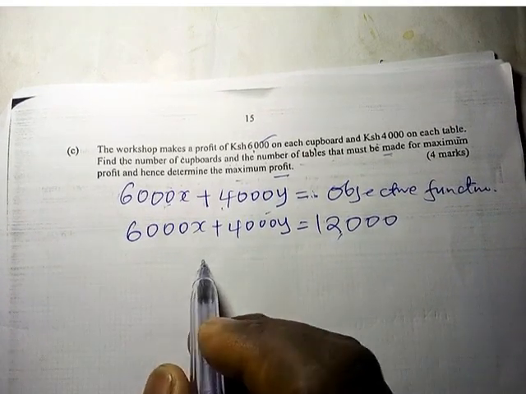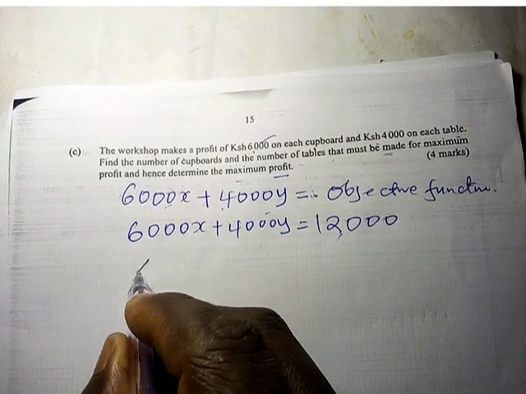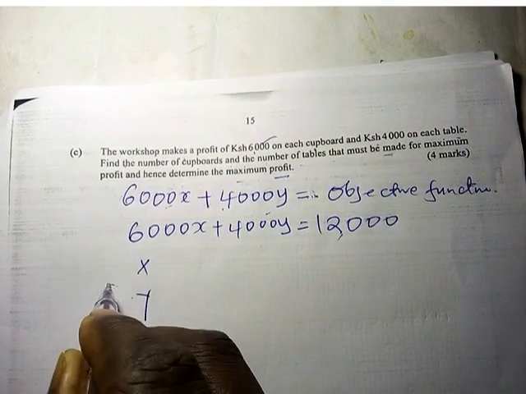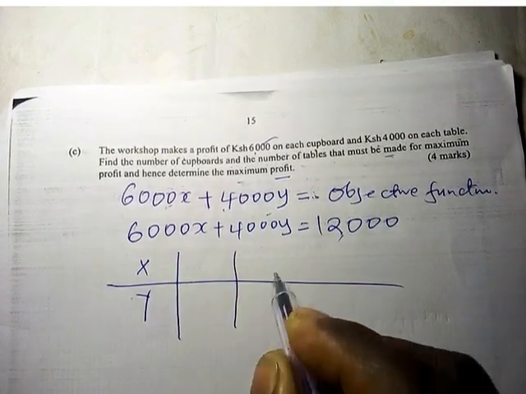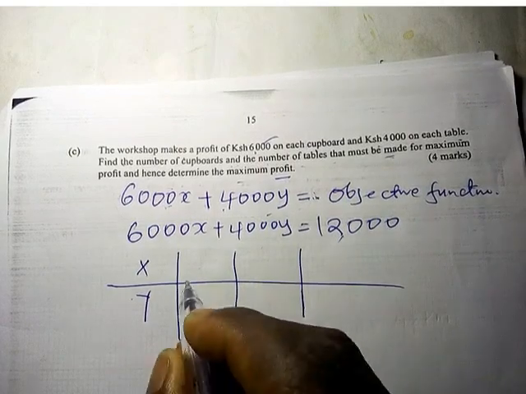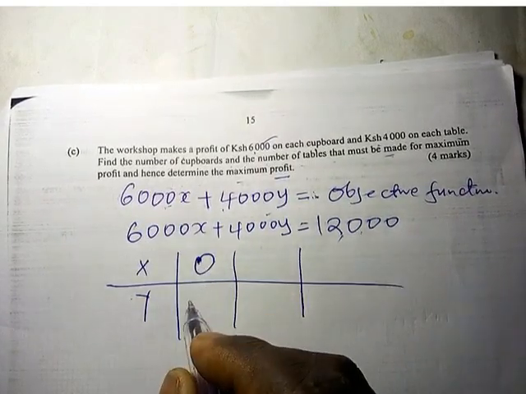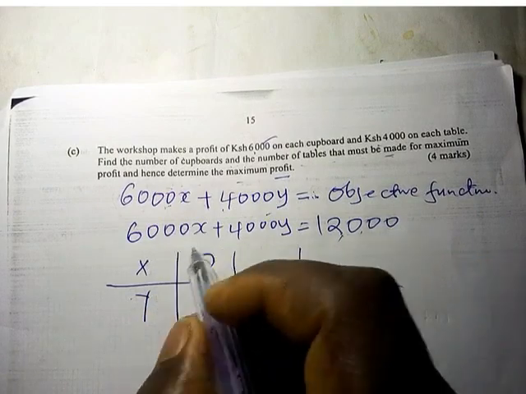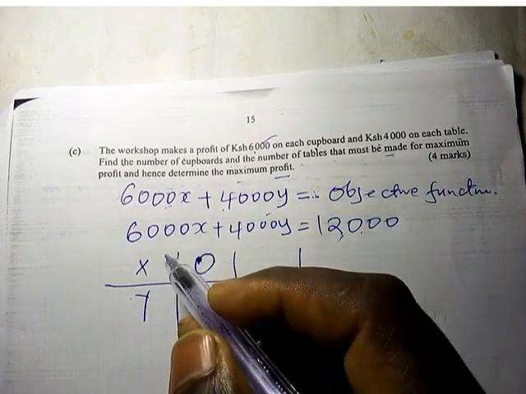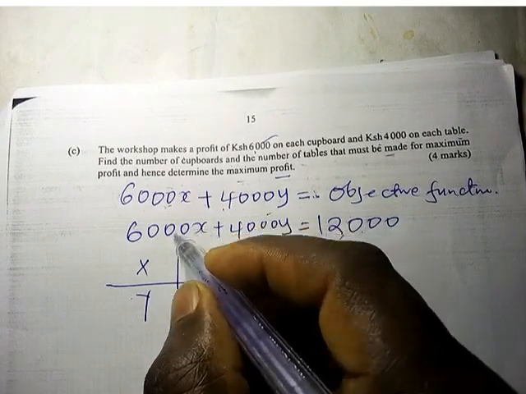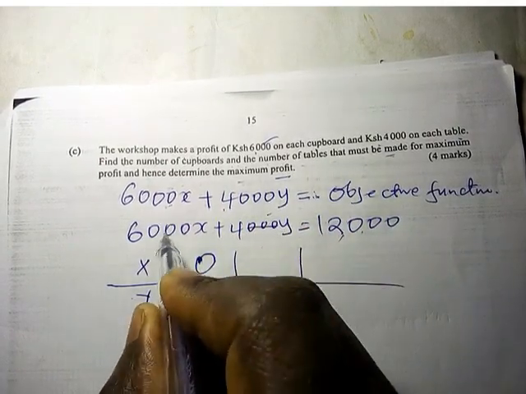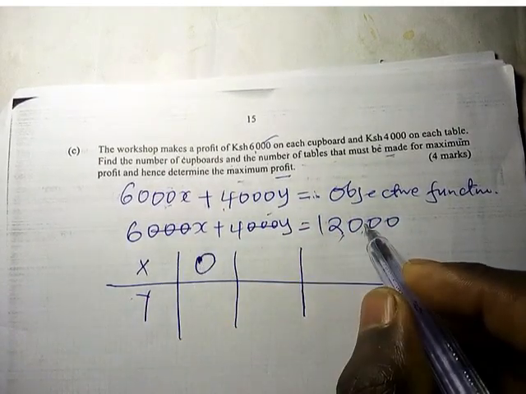So now this one is going to give us the search line. We look for two points to give us the search line. Let us remove this one and this one from our graph.